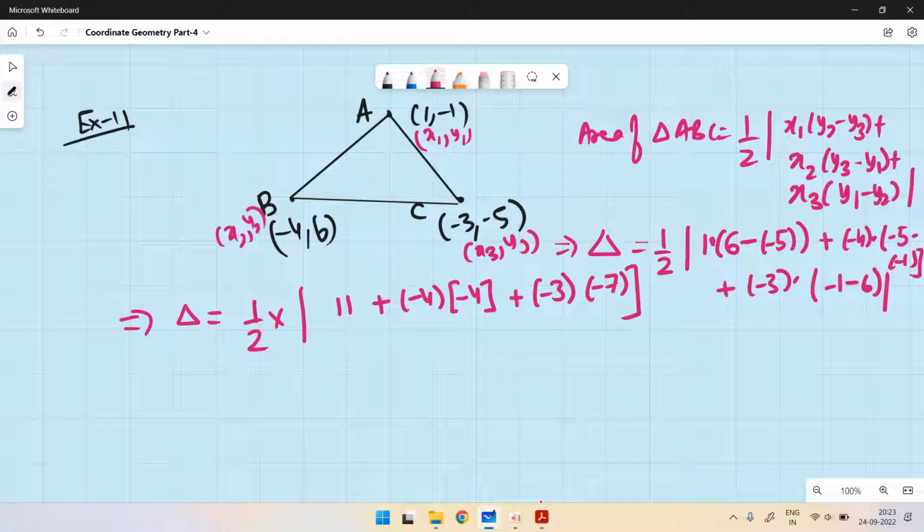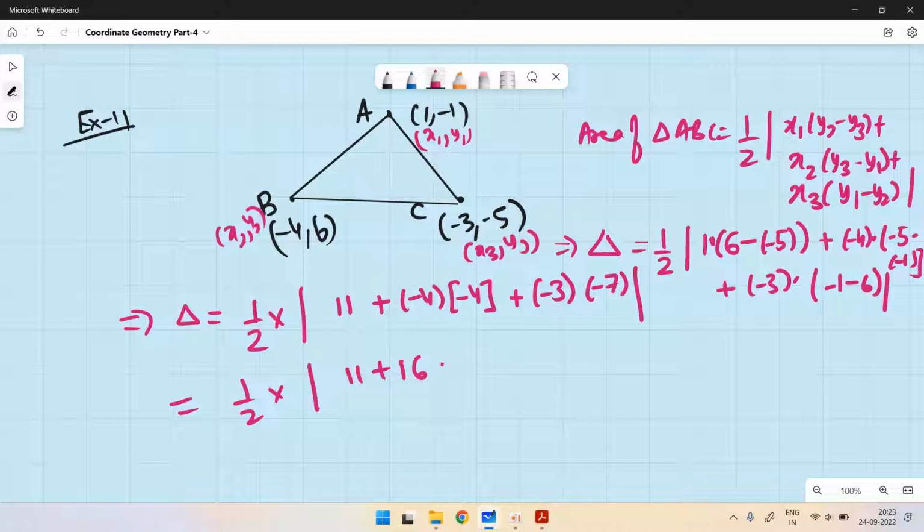So all will become plus. So this is half into 11 plus 4 into 4, which is 16, plus 7 into 3, which is 21. The minuses get cancelled, and when multiplied they give positive.